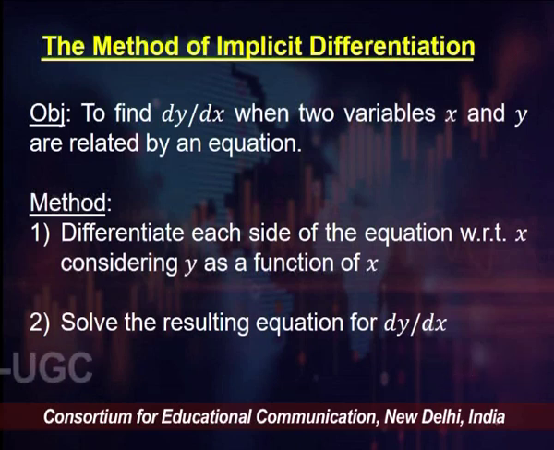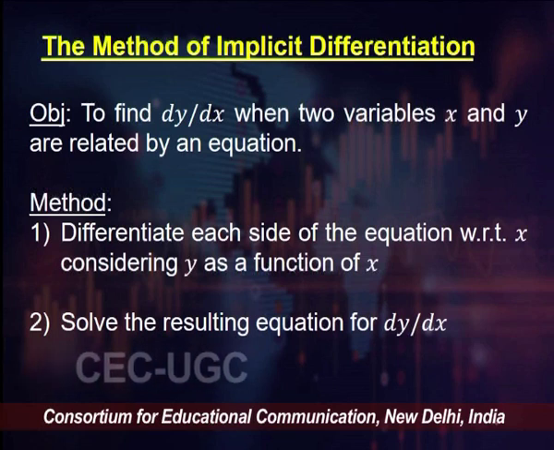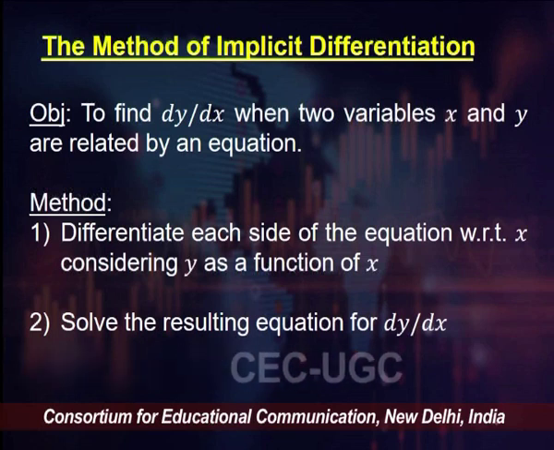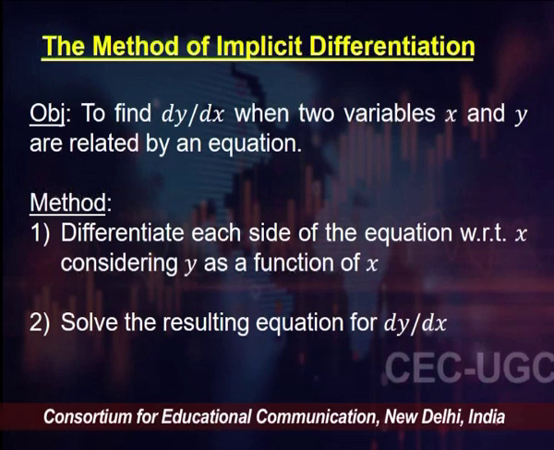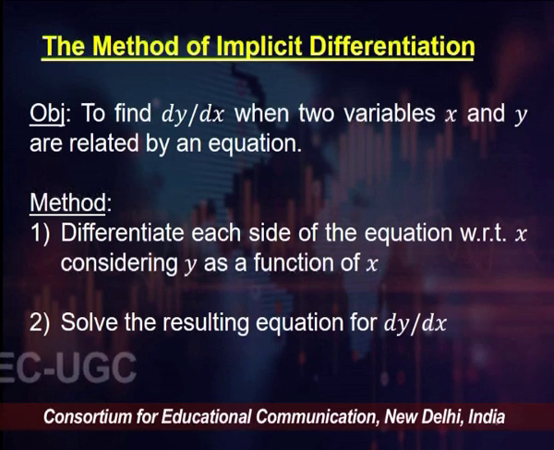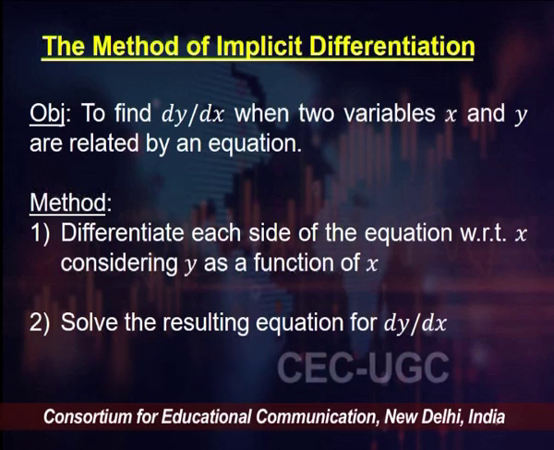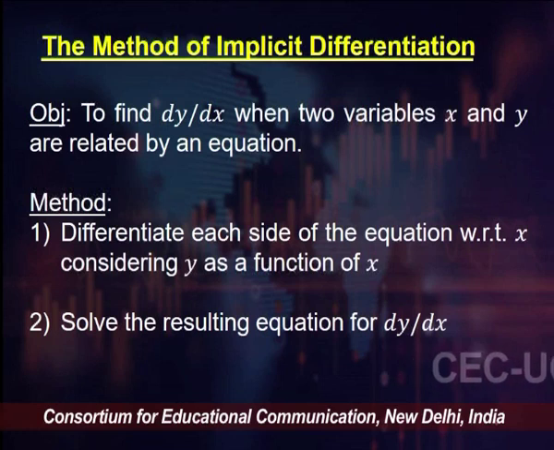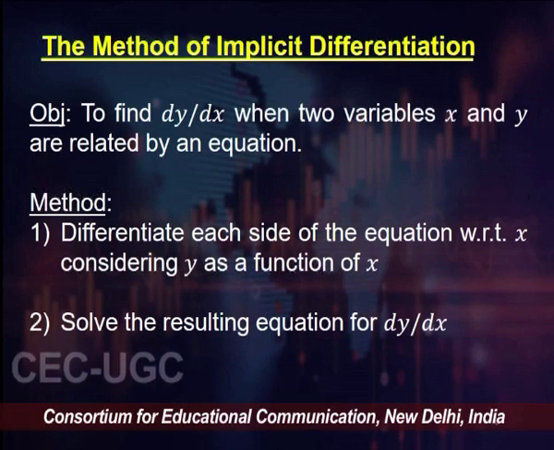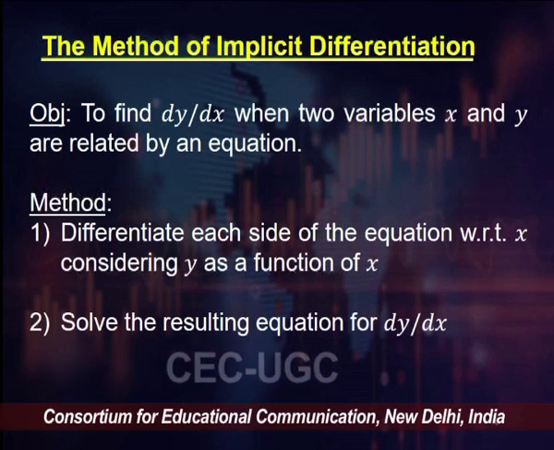So what we will do here is, we will first differentiate each side of the equation with respect to x, considering y as a function of x. And here typically you will be using the chain rule. Now, once you have finished differentiating each side of the equation with respect to x, then you can solve the resulting equation for dy by dx.